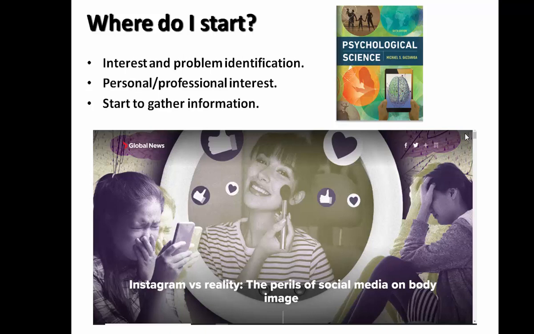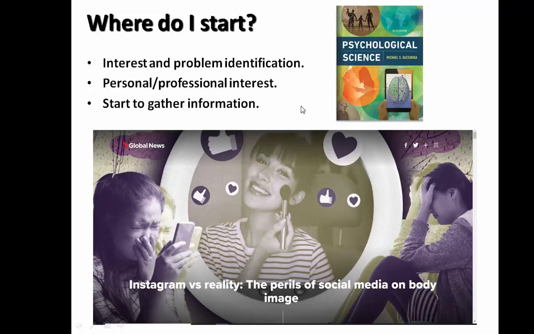So an example of problem identification can be obtained from a news source. In this particular example, the news story is highlighting issues related to social media and how it affects an individual's sense of body image.